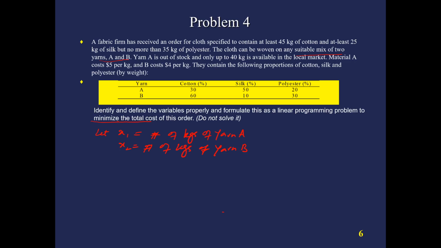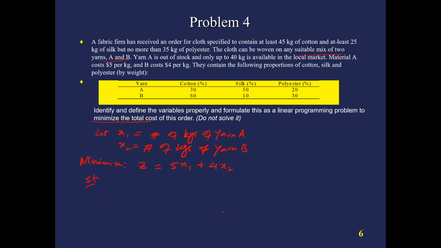The cost of yarn A and yarn B are given, so we say minimize Z is equal to yarn A is costing us $5 per kilogram, so 5x1 plus 4x2 for yarn B. All right, subject to, now three constraints are clear.